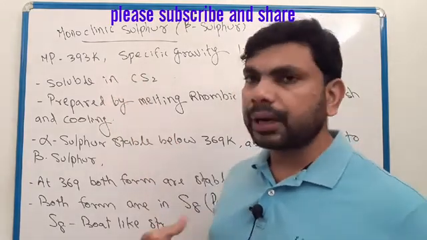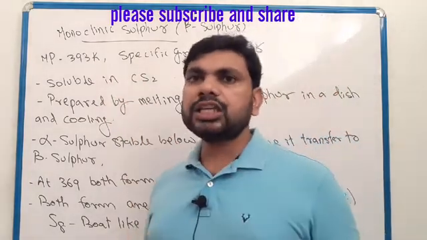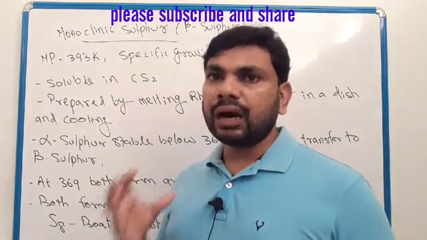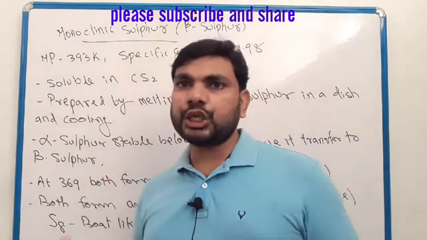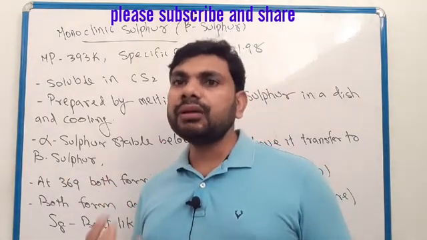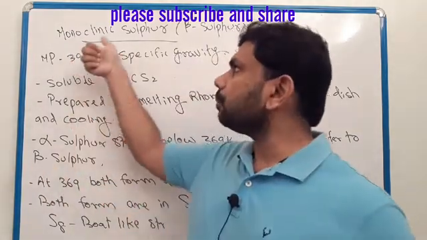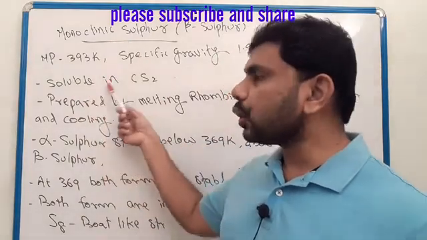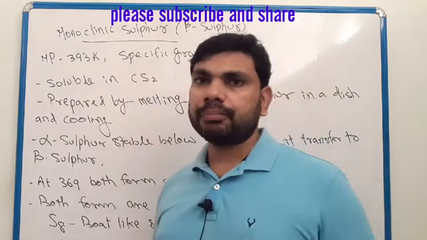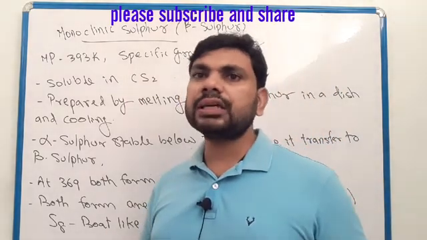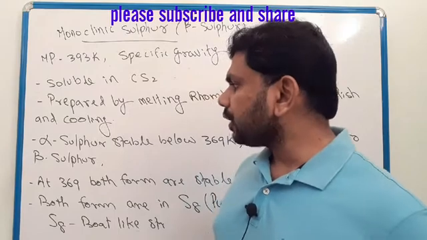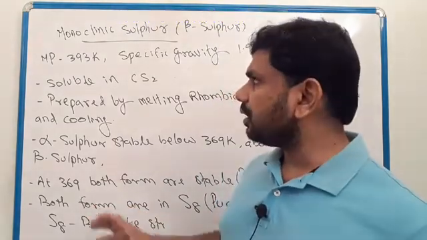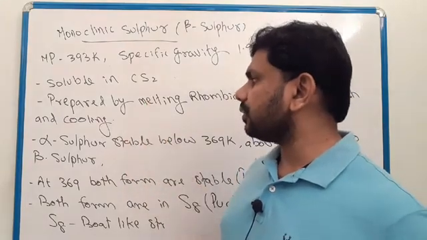Monoclinic sulfur is prepared by heating alpha sulfur in a china dish, then cooling it. Then we obtain monoclinic sulfur. It is soluble in carbon disulfide.